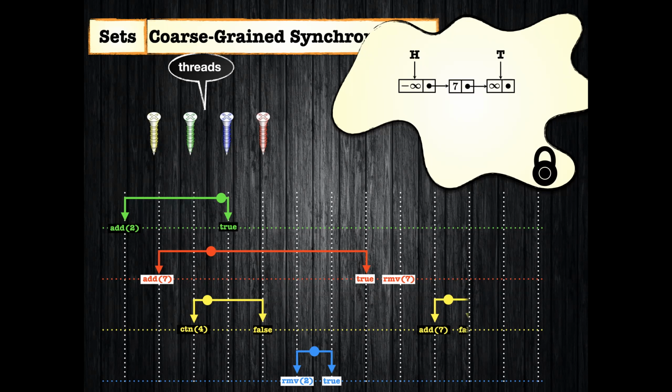So it releases the lock and returns false. And now the red one can acquire the lock again, and it will succeed in removing the 7 and it will terminate. In such a way, we have obtained the concurrent history, which corresponds to one particular execution of this simple program.